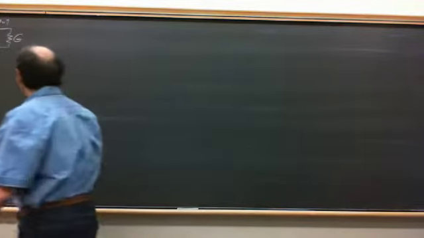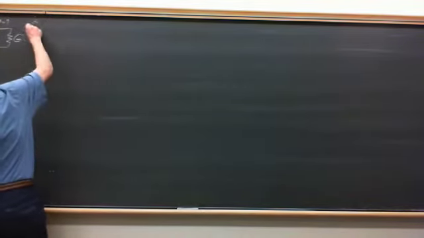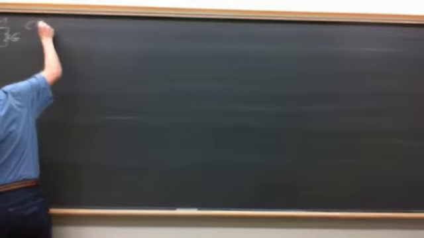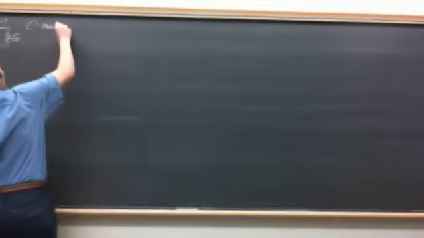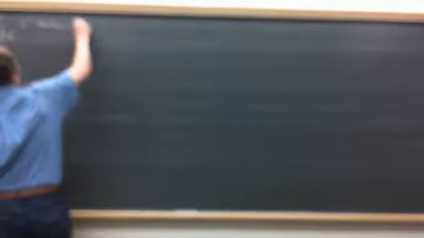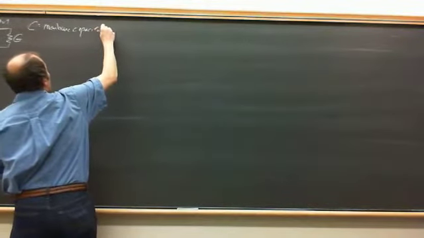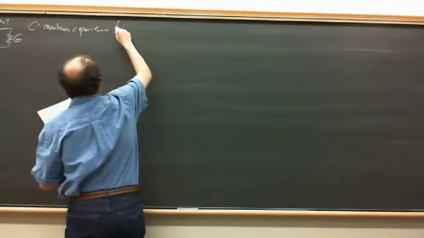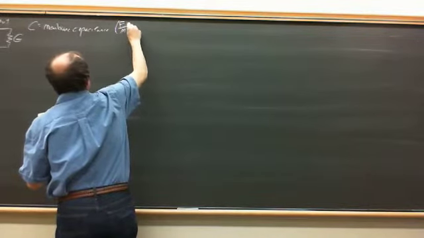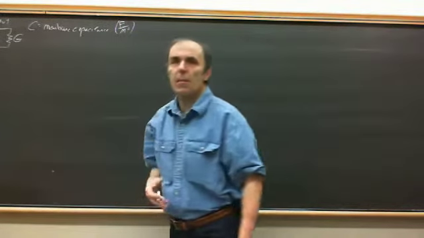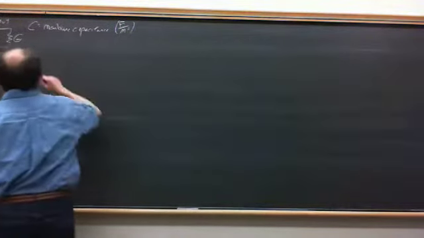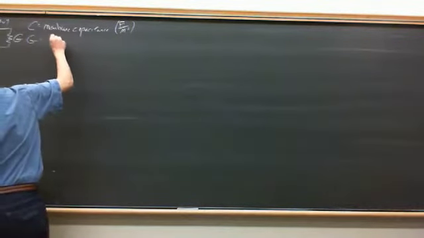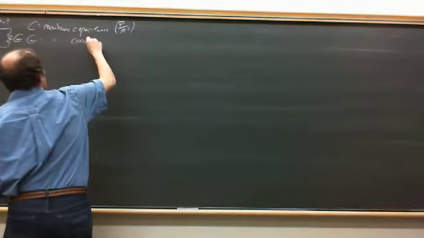So C is really the membrane capacitance per unit area. So it has units of farads per meter squared. And G is going to be the conductance of the membrane per unit area. So membrane conductance.